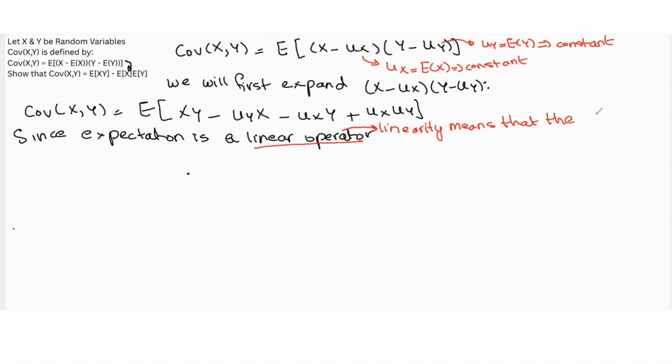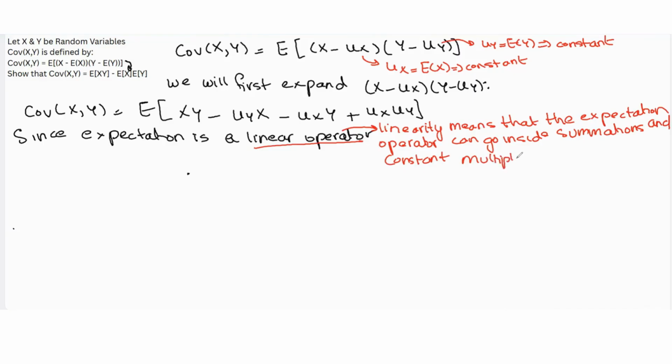So you can take it inside the summation. And constant multiples can come out.